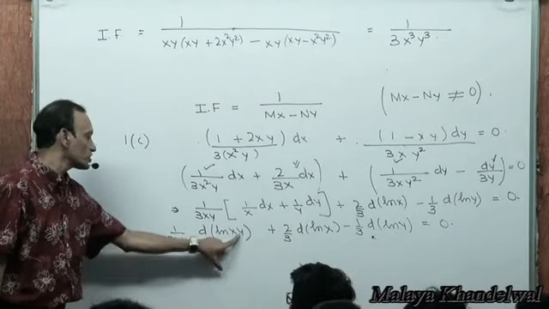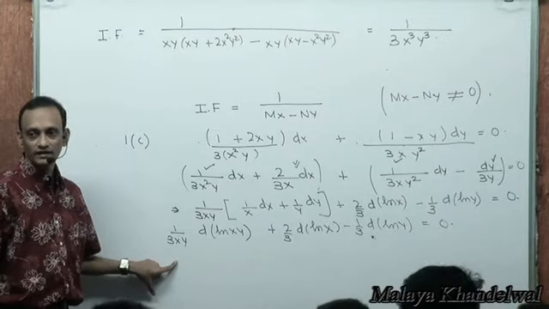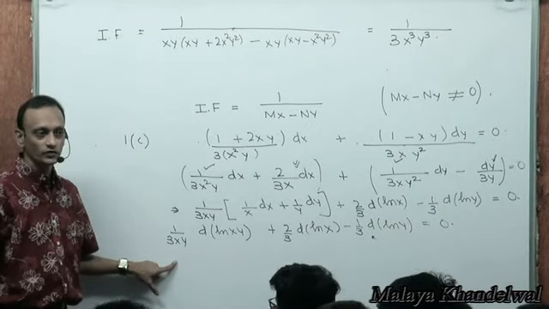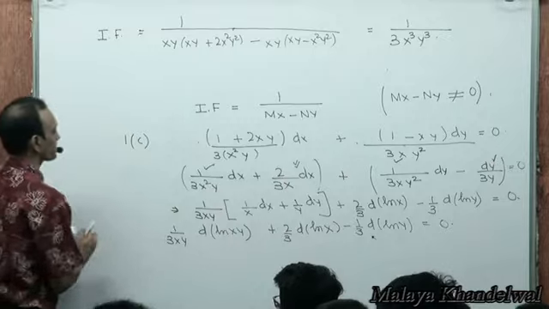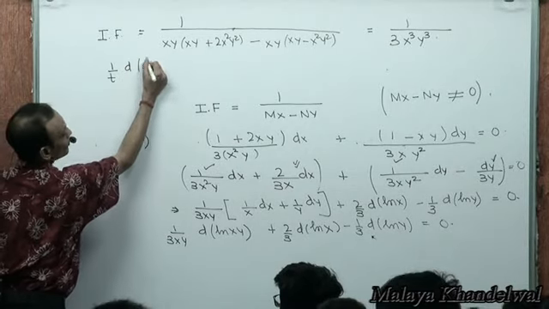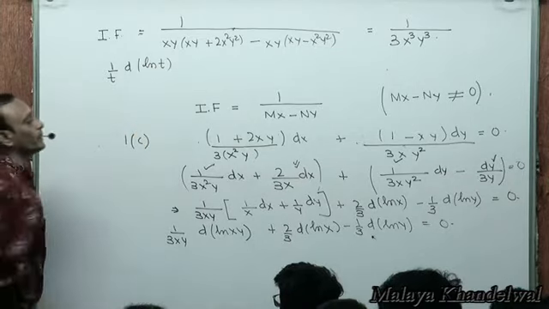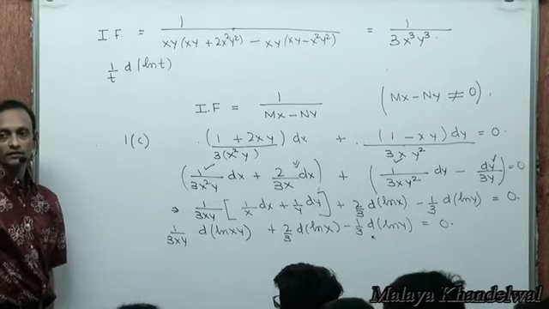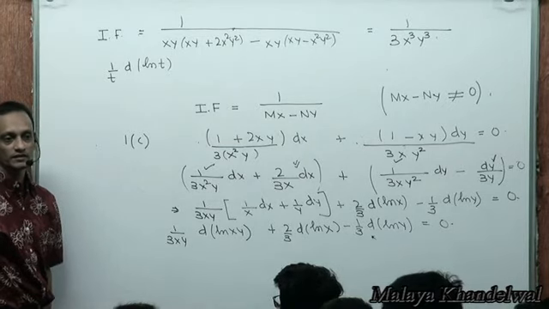This is log t 1 by t. What do you do? 1 by t d of log t. 1 by t d of log t.